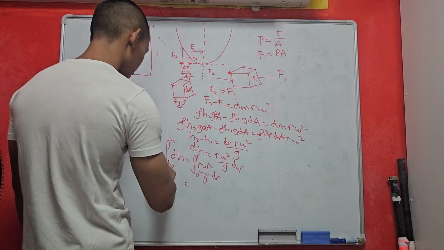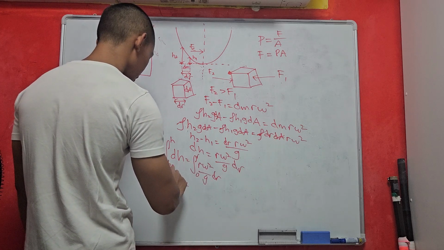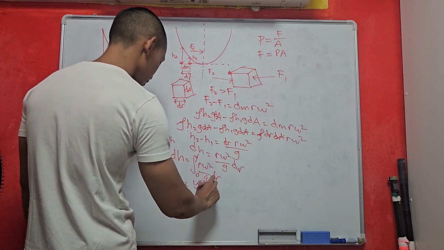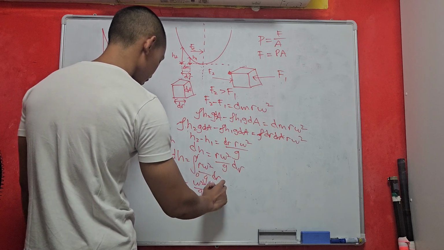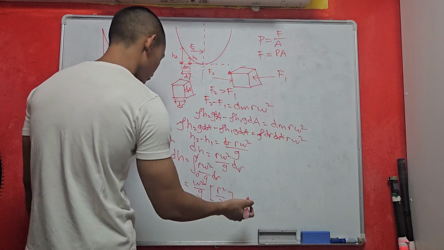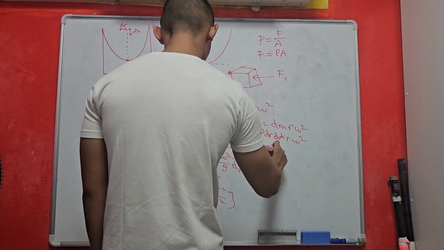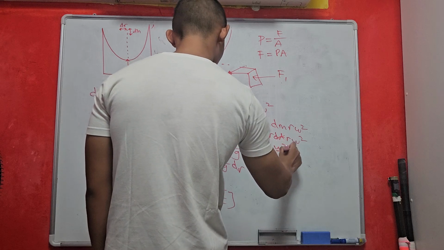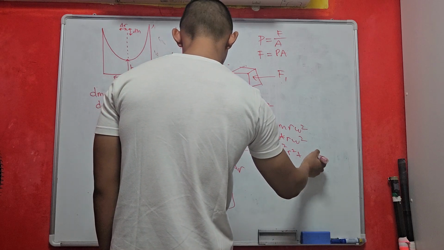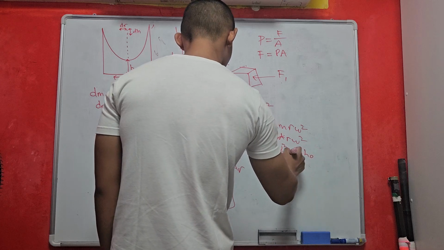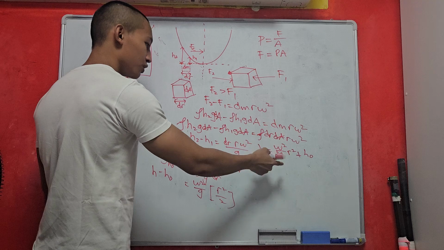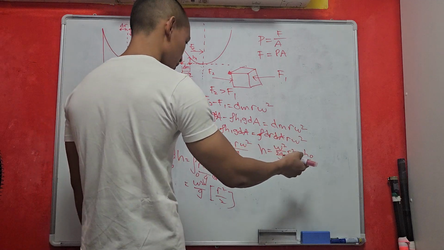Okay, so I'll get h minus h naught equals omega squared over g, and this is just r squared over 2, and I'll get h equals omega squared over g, r squared, plus h naught. So h is equal to omega squared over 2g times r squared plus h naught.